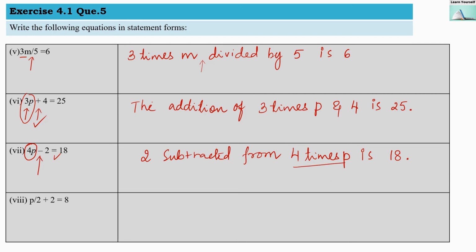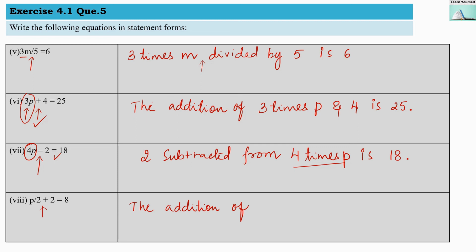Eighth, p by 2 plus 2 equals to 8. So this is addition. So let us first write the addition of. Now we have to write two numbers. First number is p divided by 2.